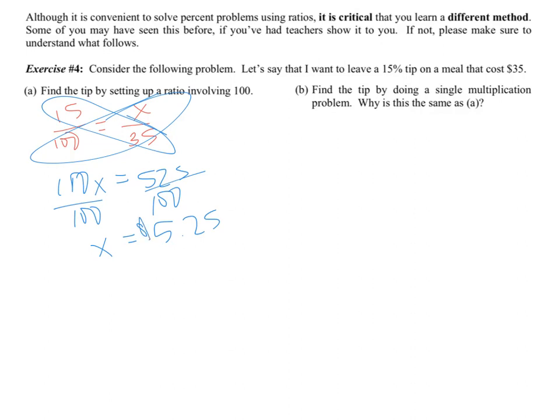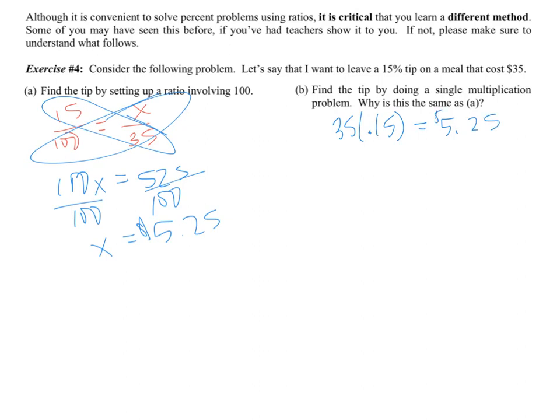But if we want to do a simple multiplication problem, we take 35 times 0.15, because 0.15 is the same thing as 15%. So 35 times 0.15 is $5.25.